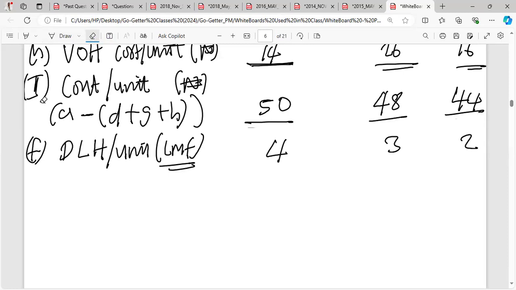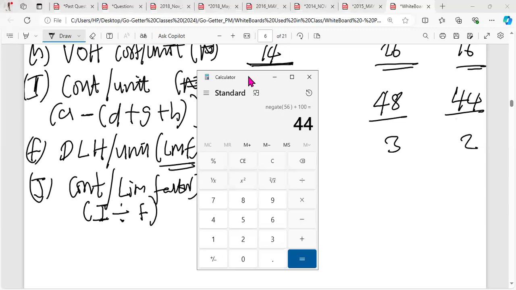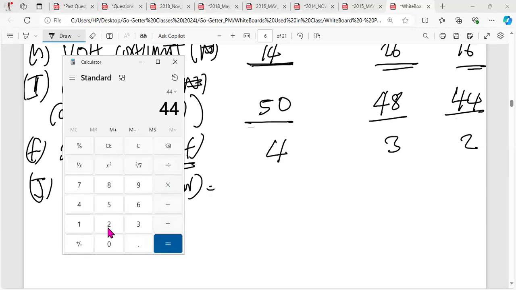All right, so when I divide, this is I, the next one should be J. This one is contribution per limiting factor. So this is going to be I divided by F. So let's do it again here. I have 44 in my calculator. 44 divided by 2 gives me 22.